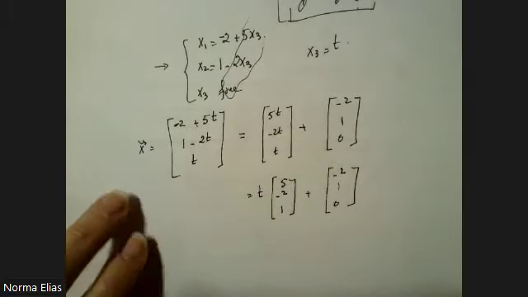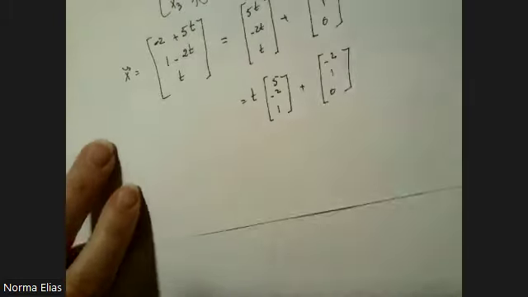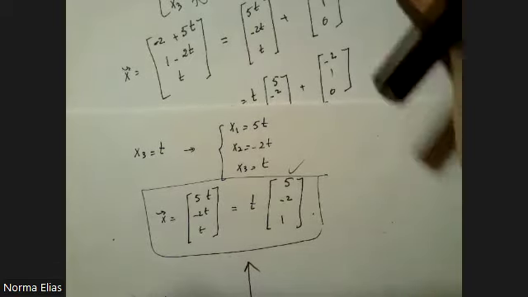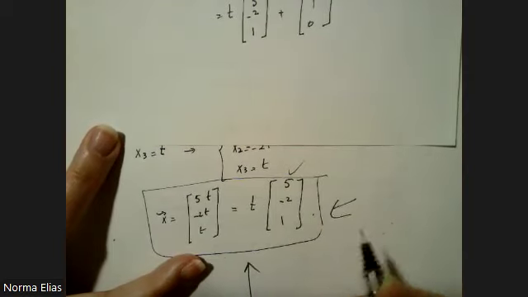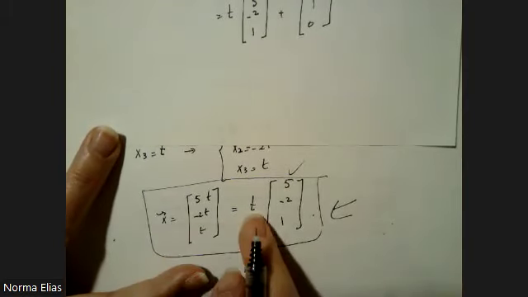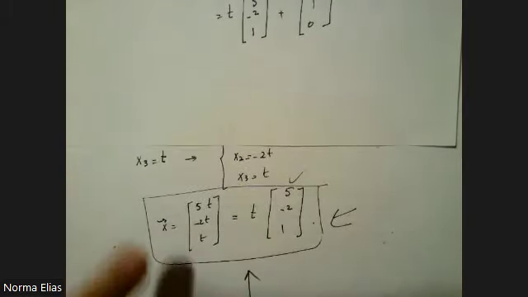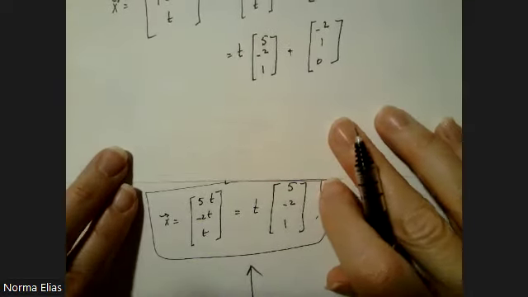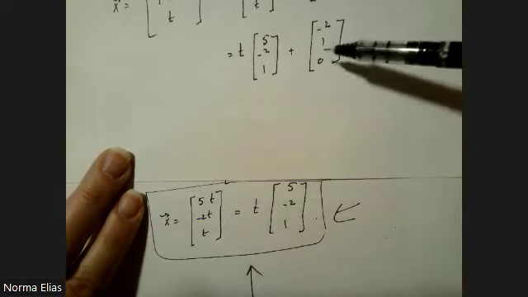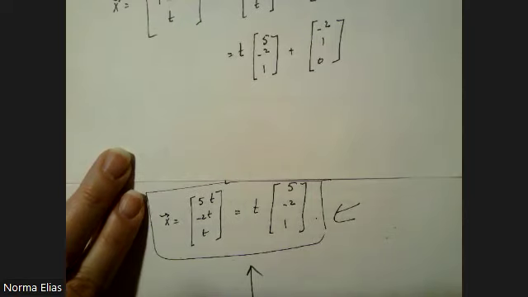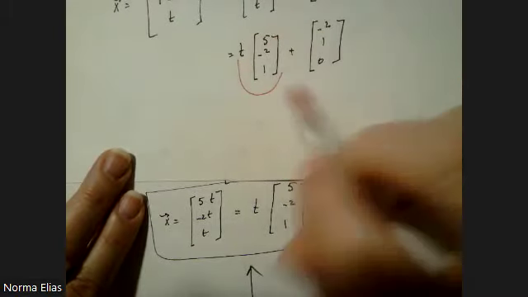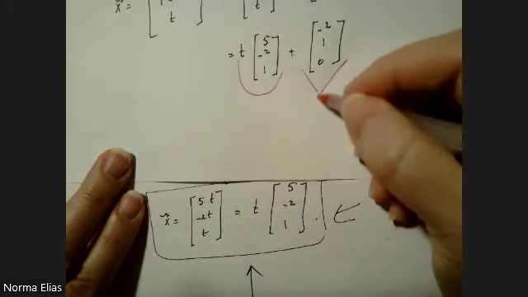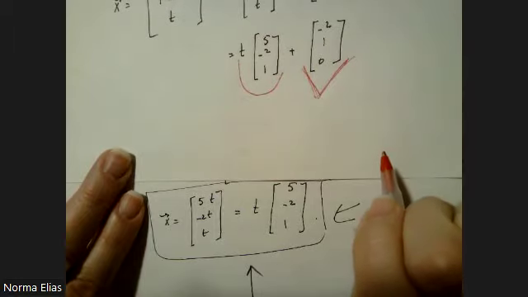Okay. So let us see the relationship between this and the homogeneous system. That's the homogeneous system. Every solution is a scalar multiple of 5, minus 2, 1. If you keep the same coefficient matrix but change the augmented term, this piece of the solution is the same, but you're always adding this special vector minus 2, 1, 0.